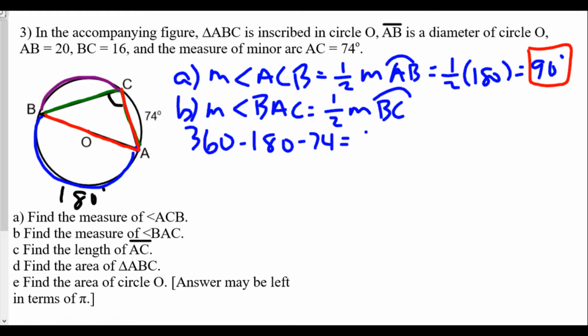So 106 degrees is the measure of arc BC. The measure of the angle is 1/2 the measure of arc BC, which is 1/2 of 106 degrees. That's going to be a measure of 53 degrees. So that's the answer for part B.